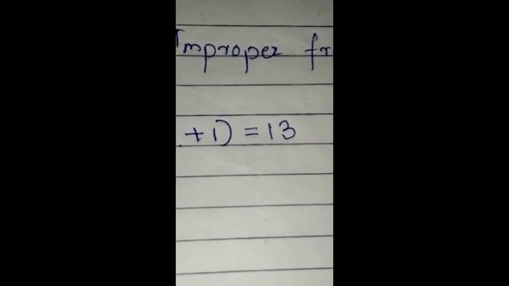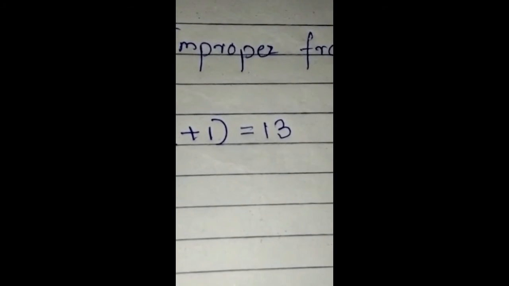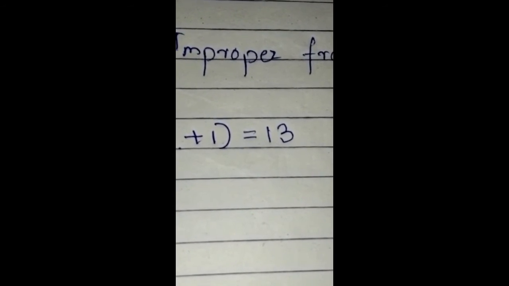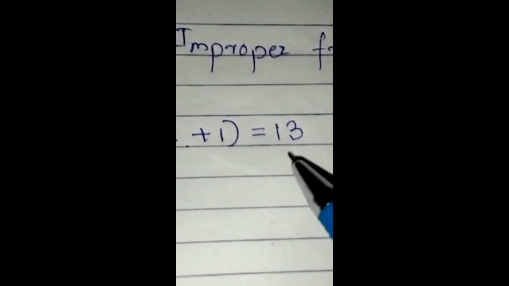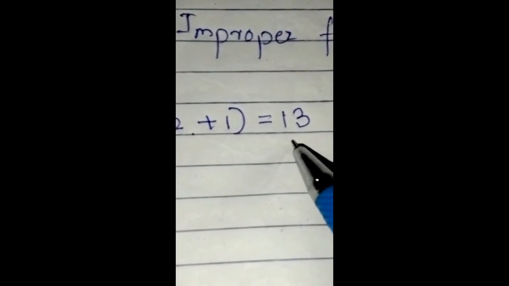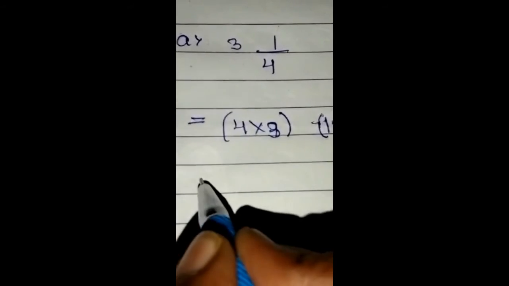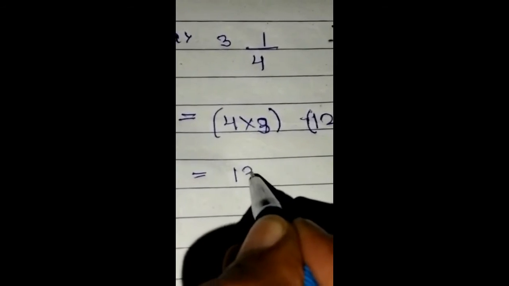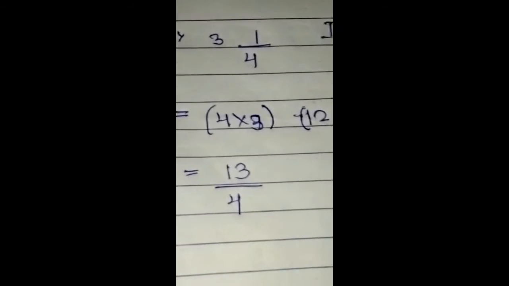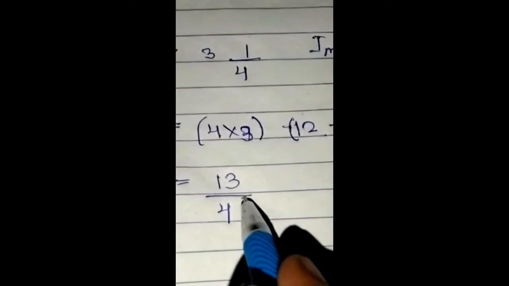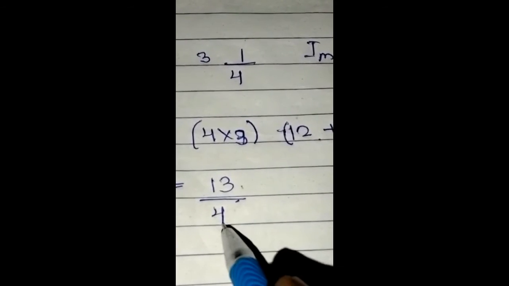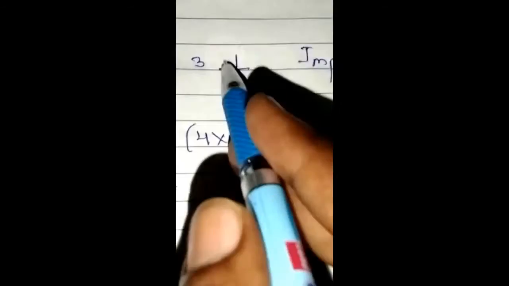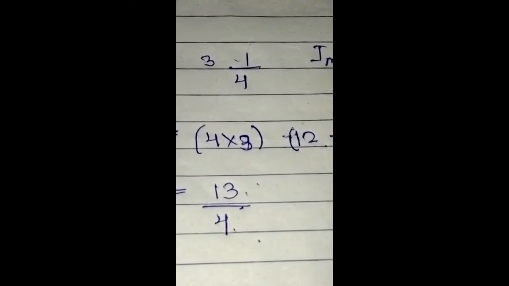So students, this is the numerator of the improper fraction, and the denominator stays as it is. The improper fraction is 13 divided by 4. Let us solve one more example.